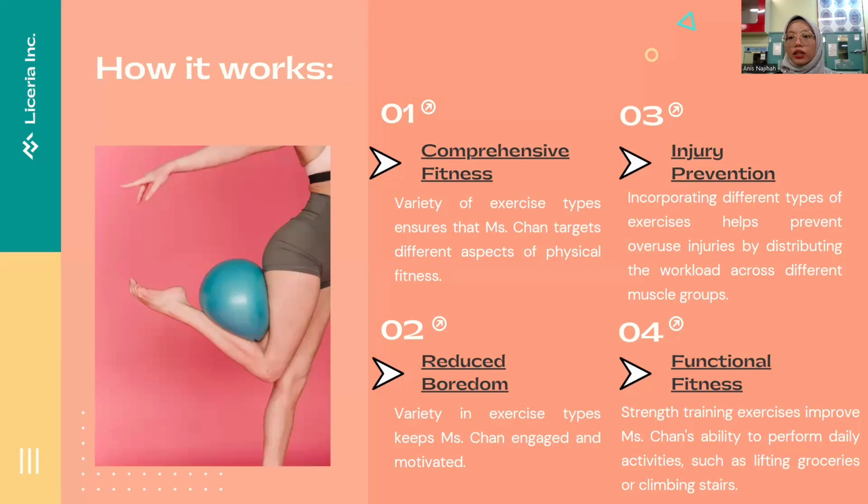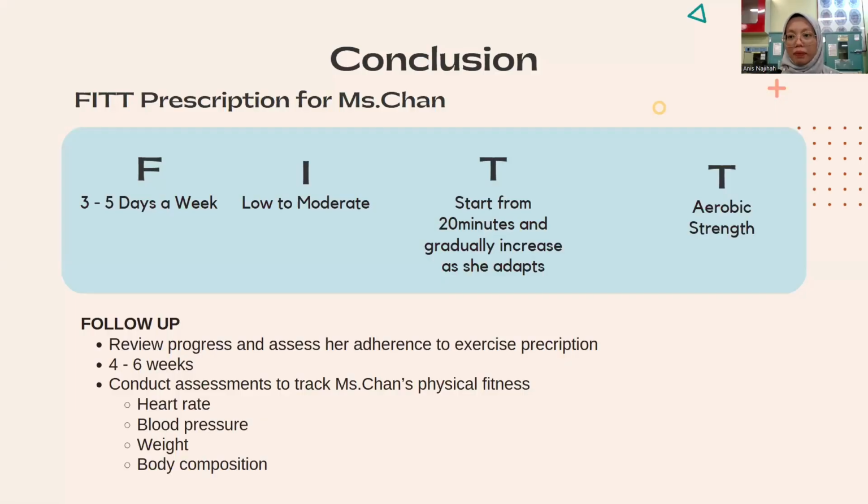Incorporating different types of exercise can help prevent overuse injuries by distributing the workload across different muscle groups. And the last one is functional fitness, where strength training exercise can improve Miss Chan's ability to perform daily activities such as lifting groceries or climbing stairs. So that's all for my part.